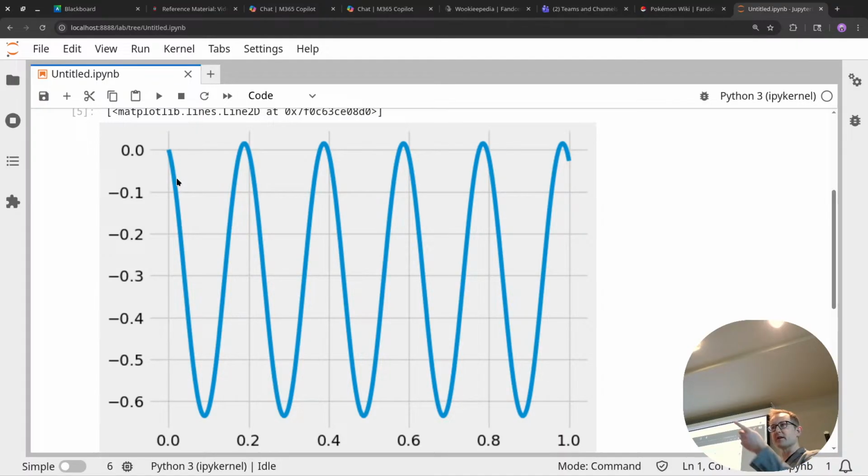How long does the spring need to be? 0.65, fully extended. Okay, yeah.